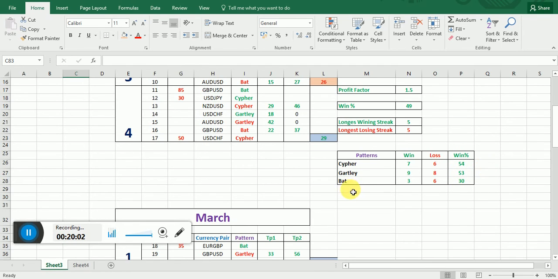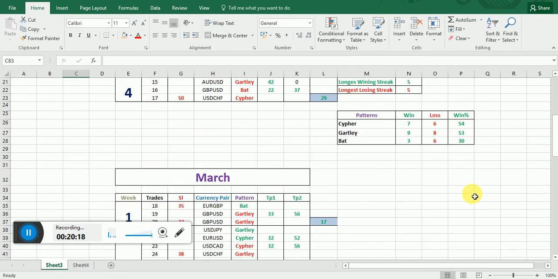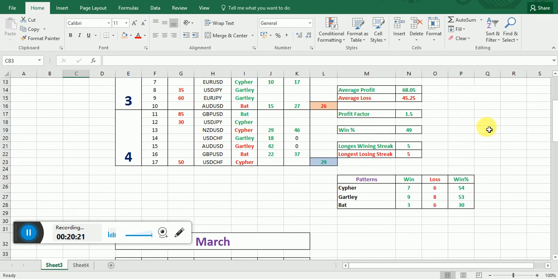Currently the bad pattern is the only pattern that's not really performing, but it doesn't mean that it doesn't work. It just means that these patterns go through rough patches, they go through losing streaks. They are going to happen every single time. So yeah, winning percentage, I'm still at 50%, and we're still 7.5% up.